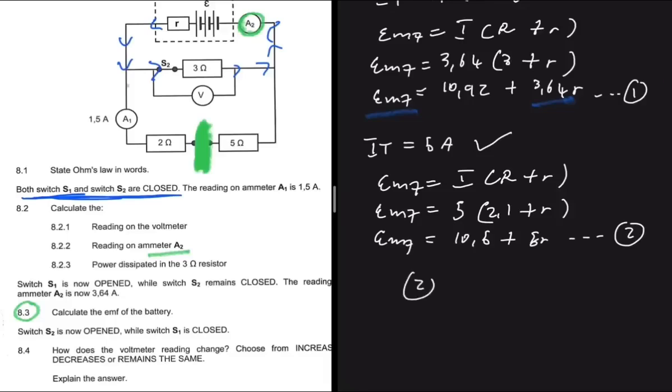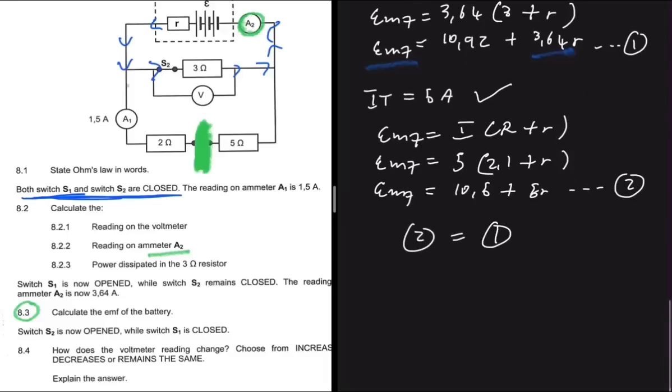So we can equate these two equations and determine the internal resistance and ultimately the EMF. So equation 2 is equal to equation 1. We're saying that 10.5 plus 5R should be equal to 10.92 plus 3.64R. Let's take 10.5 to the right hand side and take 3.64R to the left hand side.